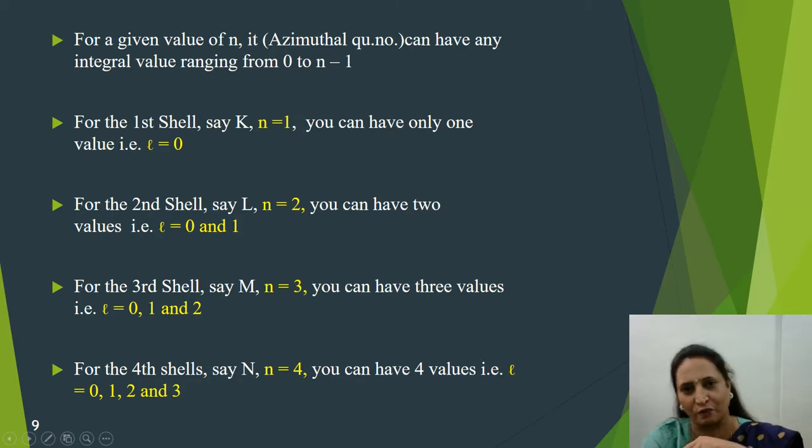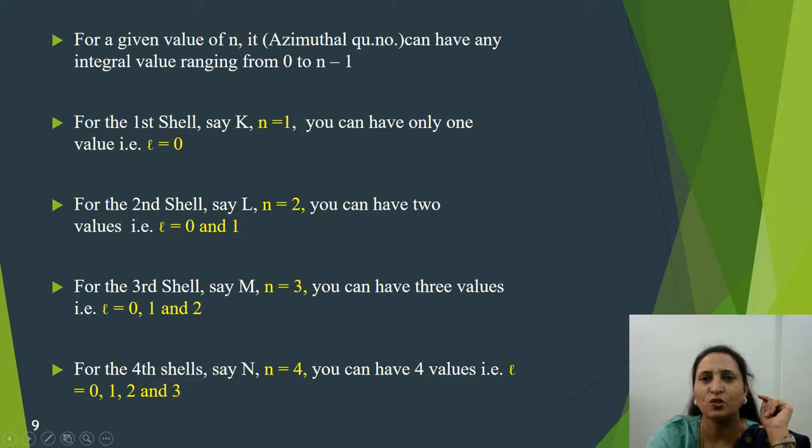That is the s orbital. For the second shell, the L shell, where n is 2, you can have two l values, 0 and 1. 1 comes from n minus 1, where n is 2, 2 minus 1 gives 1. So the l values are 0 and 1, two in total for the second shell.